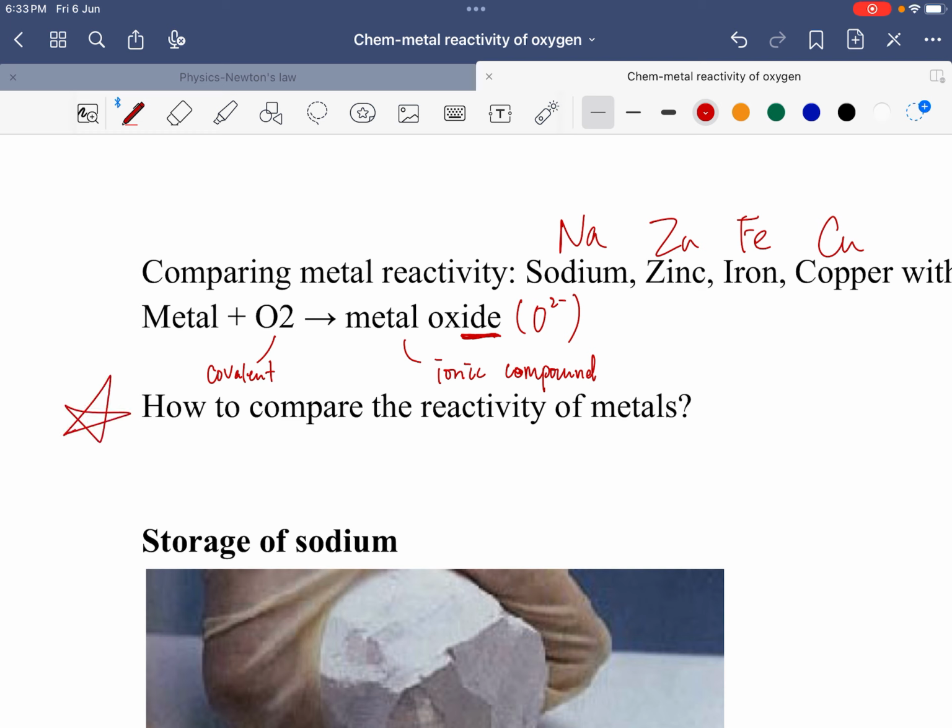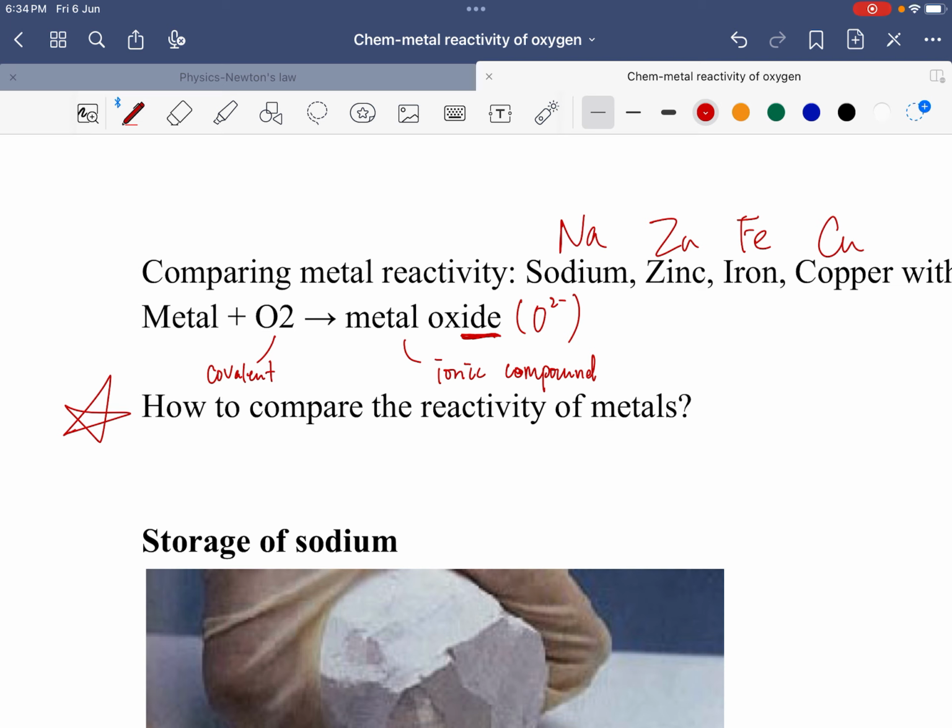Okay. So today's focus is to talk about how to compare the reactivity of the metals. Can you give some suggestions here? So can you elaborate more? Okay, let's see if your suggestion is possible after we have gone through the lesson.